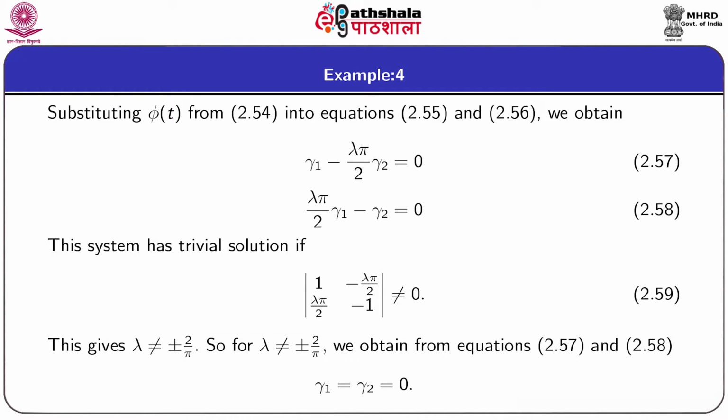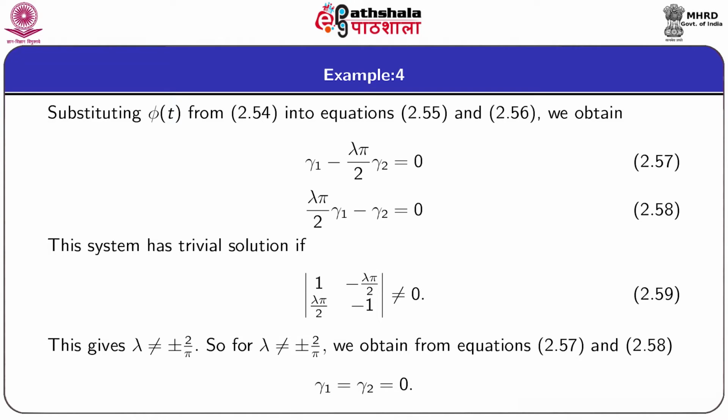This system has a trivial solution if the determinant of the coefficient matrix of the linear system 2.57 and 2.58 is not equal to 0, as given in equation 2.59.